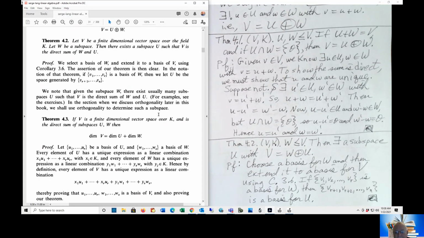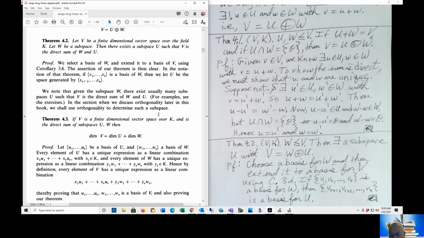Noticing the proof of Theorem 4.2, it is very simple. We first choose a basis for W, then we use Corollary 3.6 from the previous section to extend the basis for W to be a basis for the whole space V. Remember that?